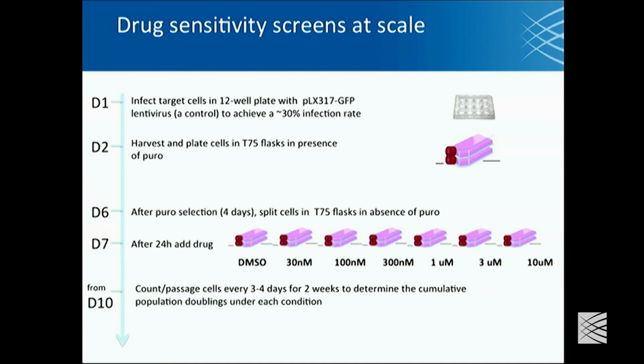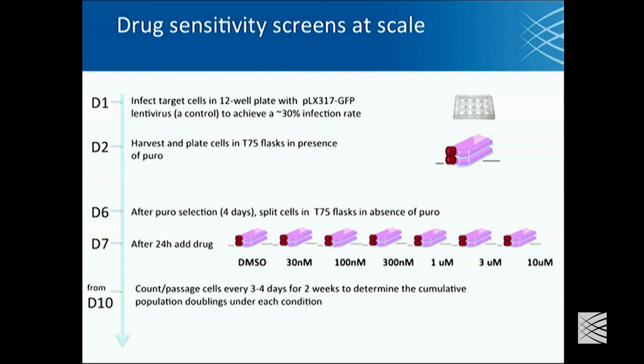You're going to want to take that seeding density and extrapolate the cells per centimeter squared to seed into these flasks. Day 6 after Puro selection, you're going to split the cells into T75s in the absence of Puro to let them recover from selection.